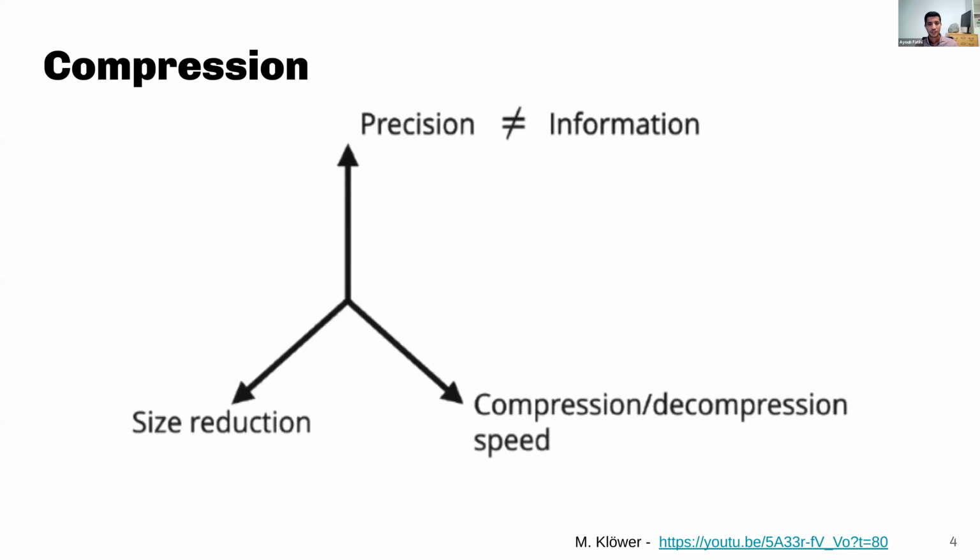Concerning the precision, it is different from the information content. One example would be someone measuring temperature in his backyard at 6 or 7 decimals. It is very precise, but not enough information to get the temperature across the whole city. So the goal is to achieve optimal results in all aspects. However, in practice, the aim is to strike a balance that suits the requirements of the application and the available resources.